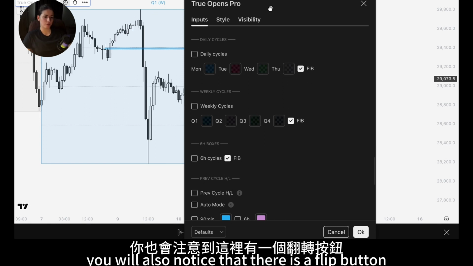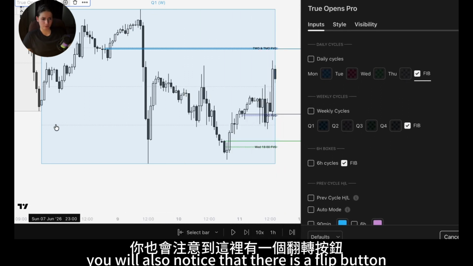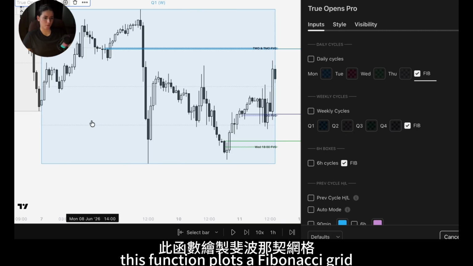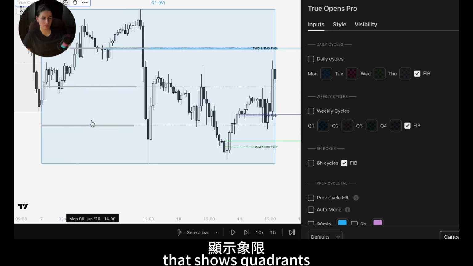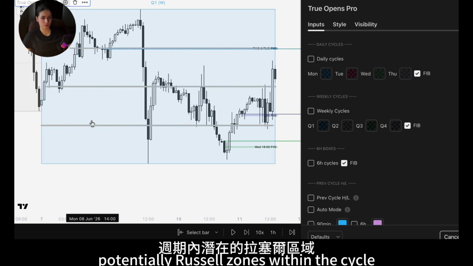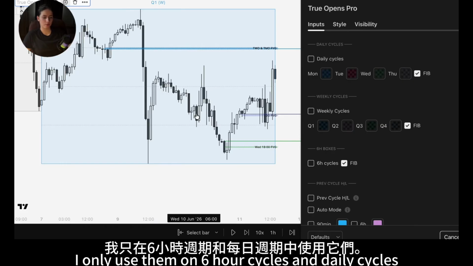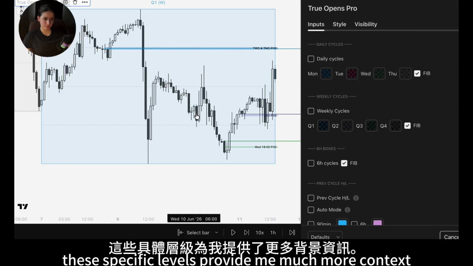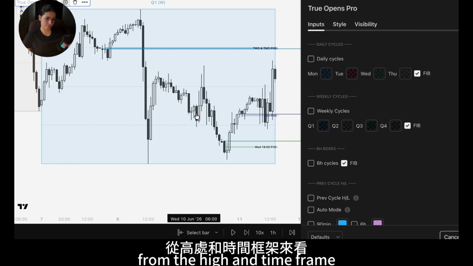You will also notice that there is a flip button for every cycle. This function plots a Fibonacci grid that shows quadrants, helping you spot potential reversal zones within the cycle. Personally, I only use them on 6-hour cycles and daily cycles, because these specific levels provide me much more context from the higher time frame.